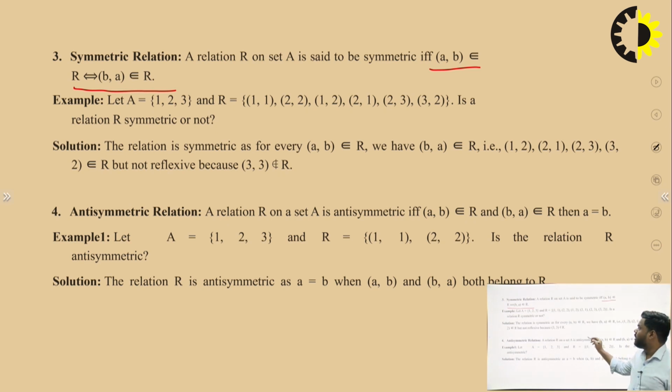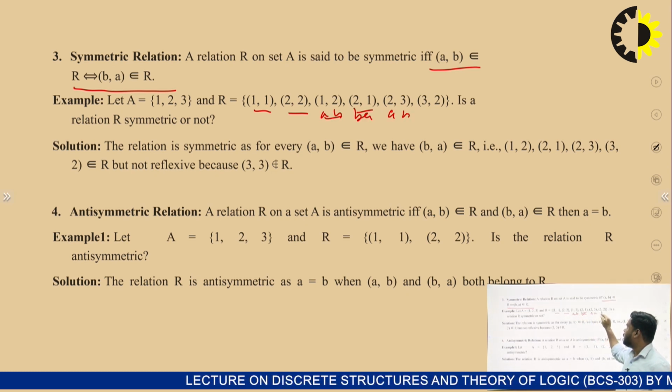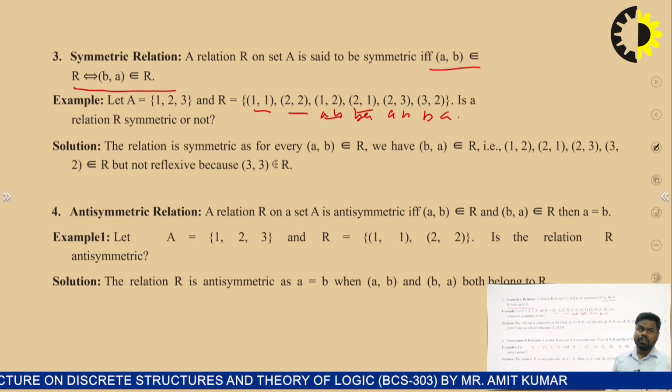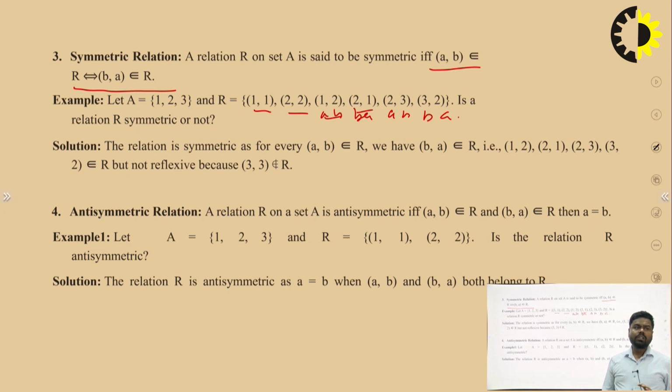We check all the elements: (1,1), (2,2) are the identity elements, so they are present here. Now we check (1,2), (2,1), yeah. (a,b), (b,a), good. (2,3) and (3,2), yeah. It means it satisfies the symmetric relation. So it is a symmetric relation. But it could be reflexive only if (3,3) were also present, but (3,3) is not present in that relation, so it is not reflexive.